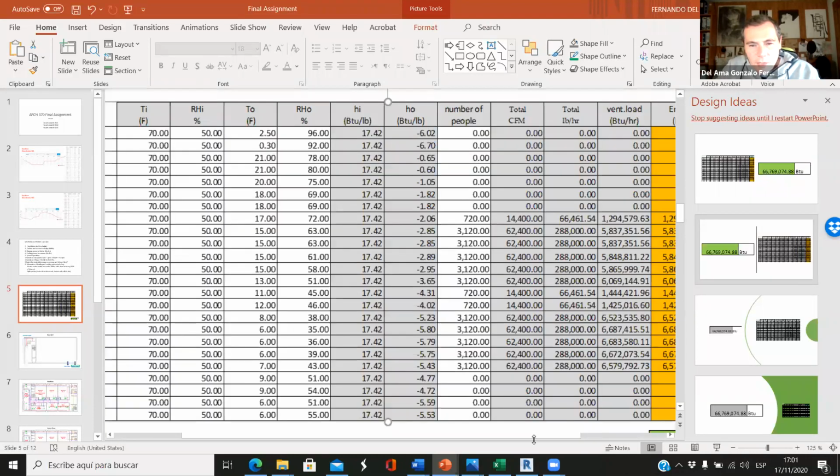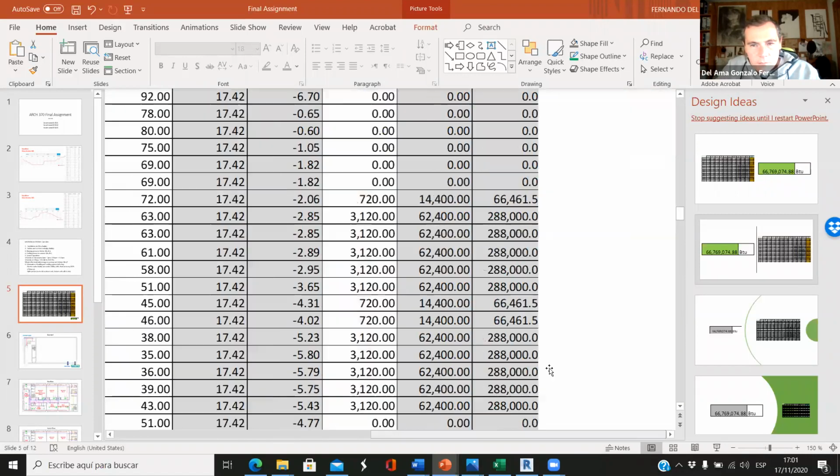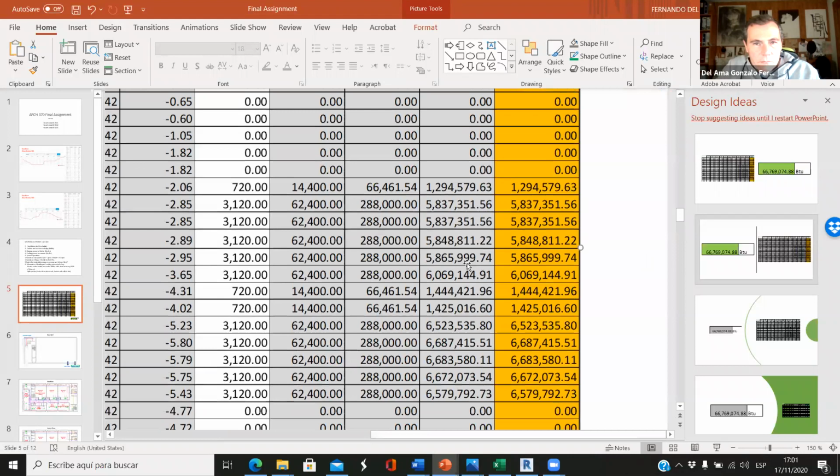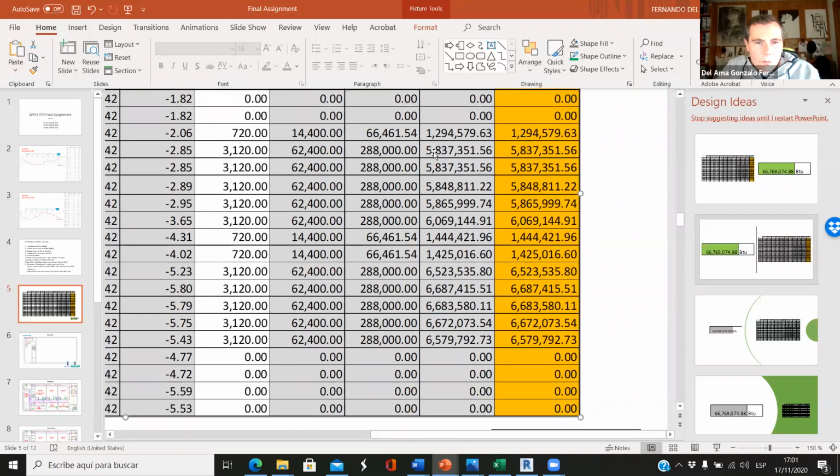So which is the highest value? Ventilation load. I think it's this one, 6,687,415 BTUs. Okay, so let me write it down.